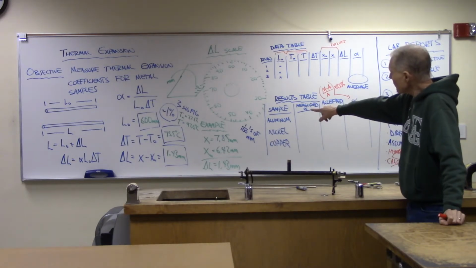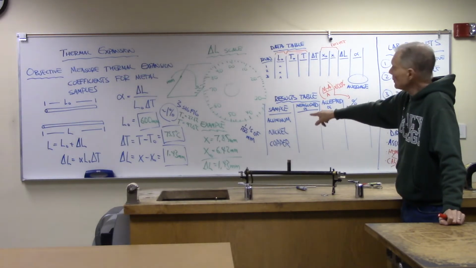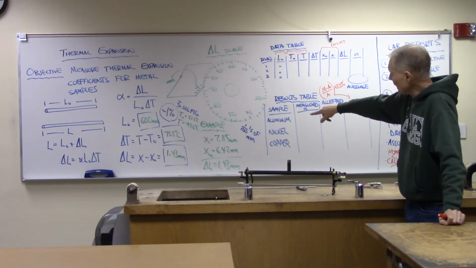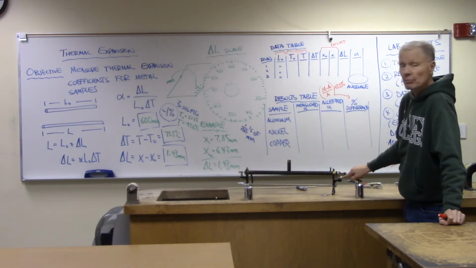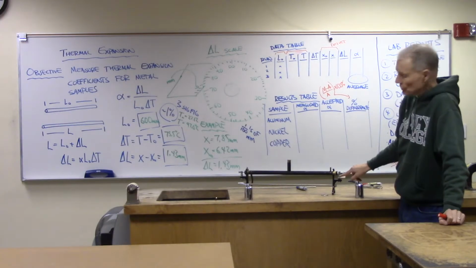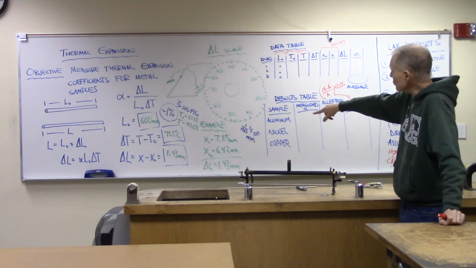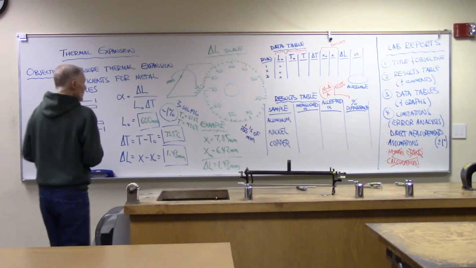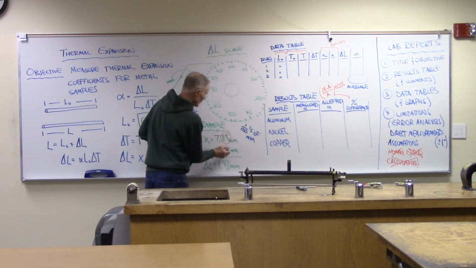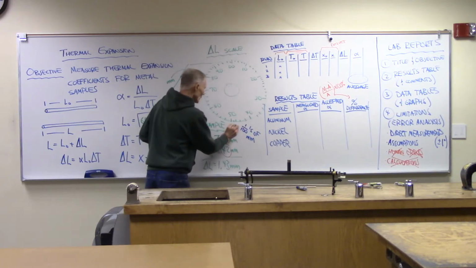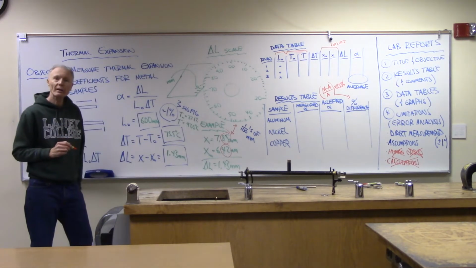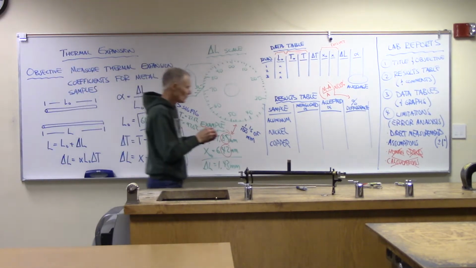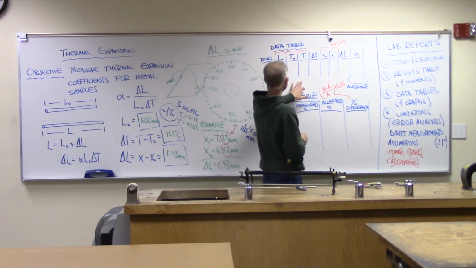So in that example, the first digit, the 7, and then on X naught, the 6, is coming from the flat scale, and those last two numbers are coming from reading the circular scale. All right, so this is what the data tables are going to look like.